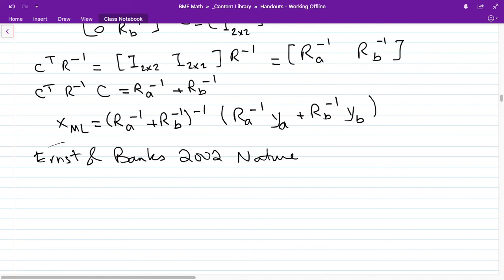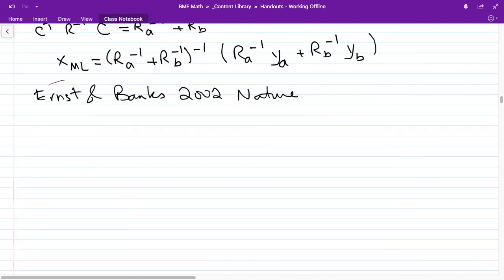That's what the paper was about: first estimate the noise in what you see and the noise in what you feel, then ask people to estimate things so that they have to combine these two sensors. And when they did it, they demonstrated that their combined estimate was the maximum likelihood estimate. That's the idea.